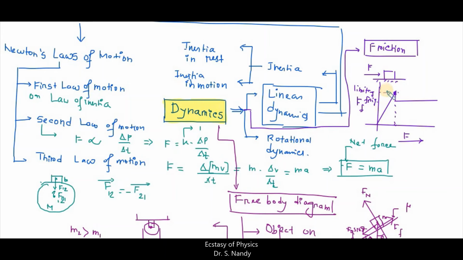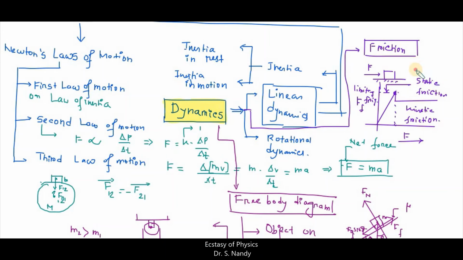The initial part represents the static friction zone, and beyond that we get the kinetic friction zone. The coefficient of kinetic friction is always less than the coefficient of static friction.